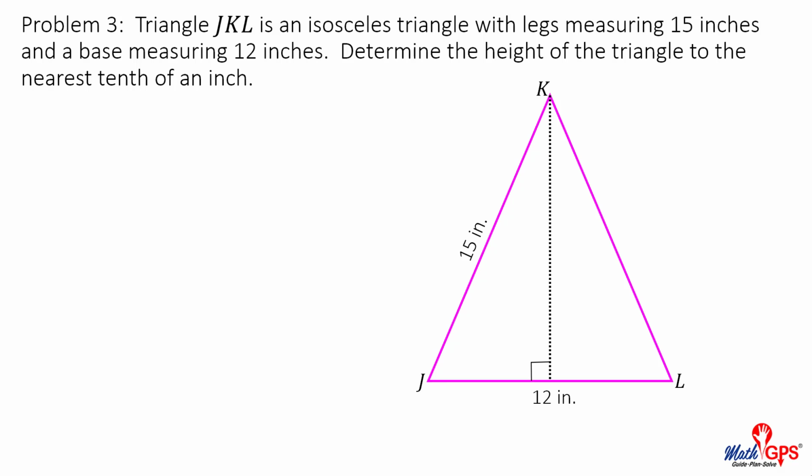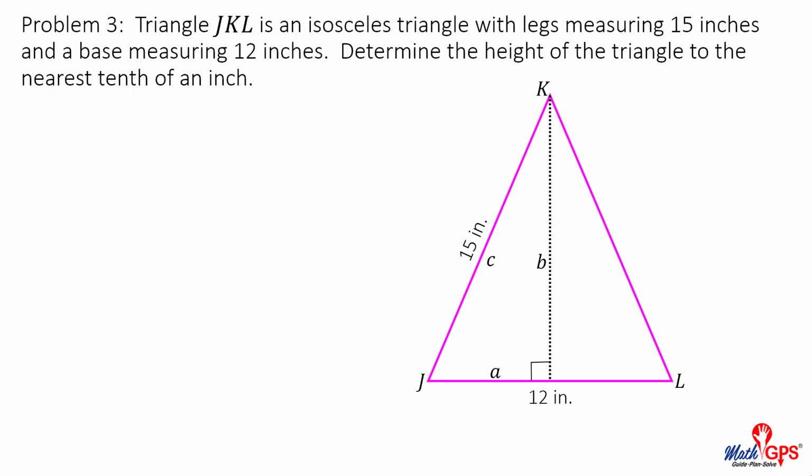Problem 3. Triangle JKL is an isosceles triangle with legs measuring 15 inches and a base measuring 12 inches. Determine the height of the triangle to the nearest tenth of an inch.